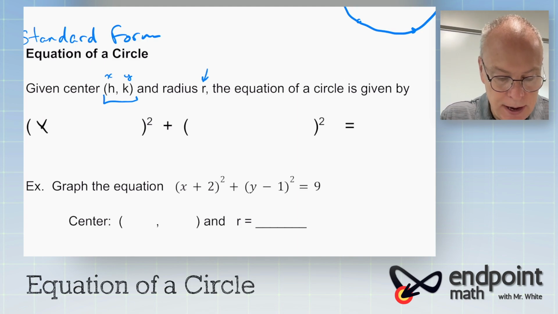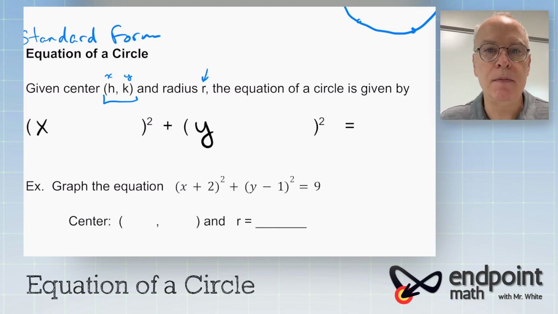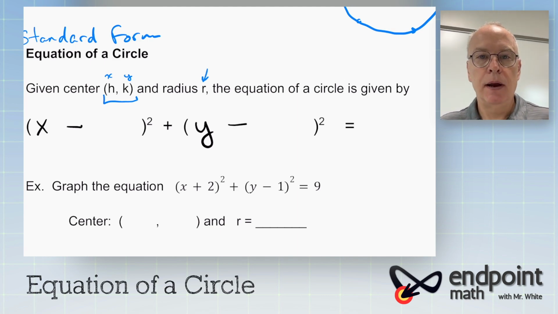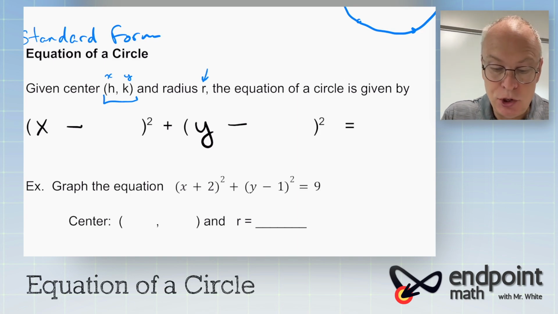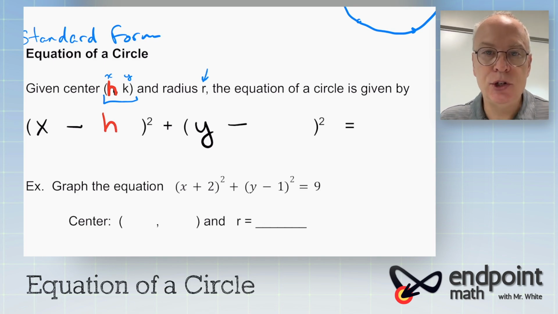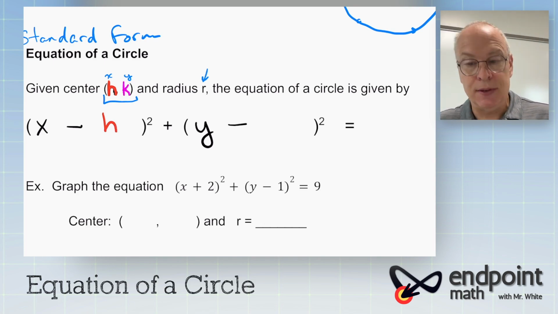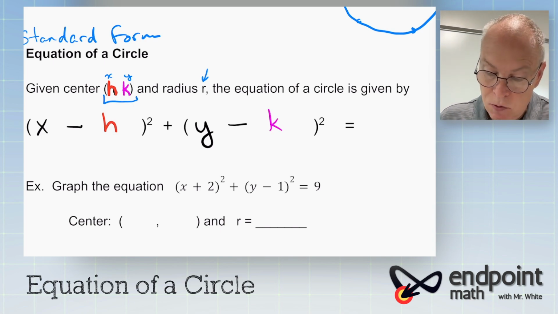Now the formula has x here and y here, and the formula has a minus in it. And then you put the h. So I'm going to color code this to maybe help you out. Put the h there, and the k is the y coordinate, so it makes sense that it would go over here with the y.